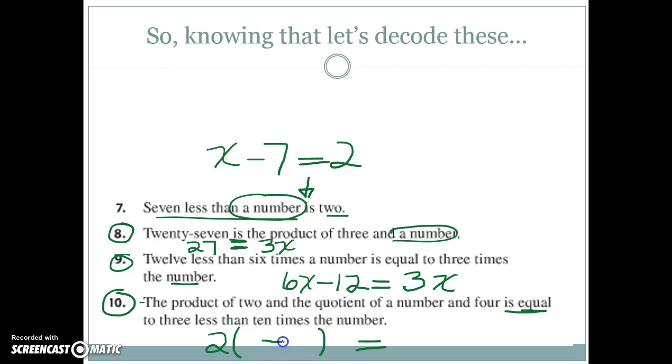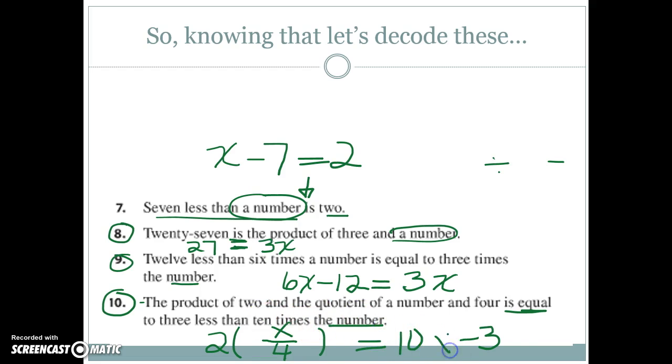Quotient, that means there's going to be some division. And I can write it this way or this way. Either one. The quotient of a number, we don't know it, so it's x, and 4, is equal to 3 less, I'm going to be subtracting something, 3 less than 10 times, 10 times what?